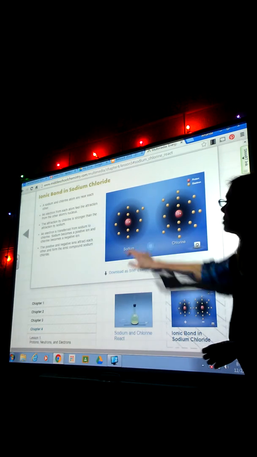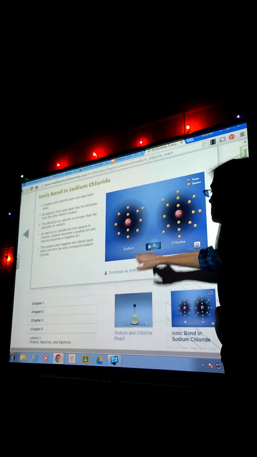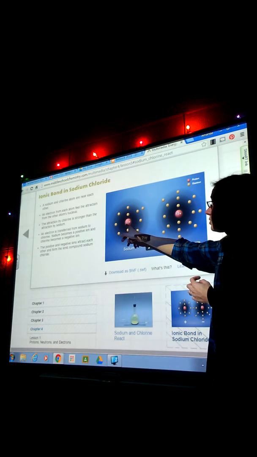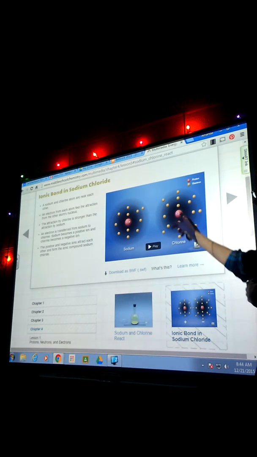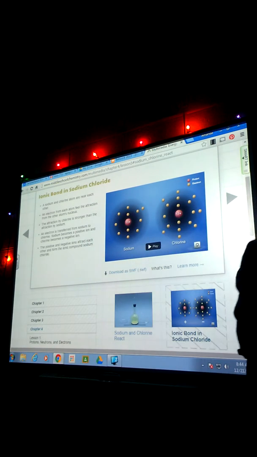Let's watch this animation. You can see there's an attraction there. And the electron from the sodium is given to the chlorine. And then something changed. Let's watch it one more time. Right now, because the sodium has 11 electrons and 11 protons, and the chlorine has 17 protons and 17 electrons, their charge is neutral, right?